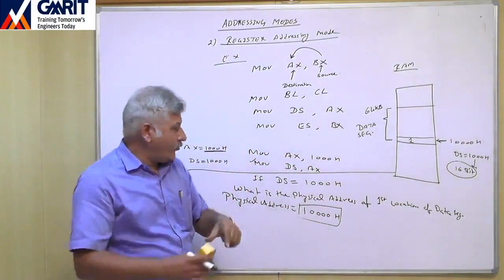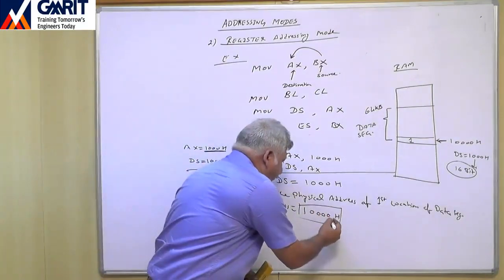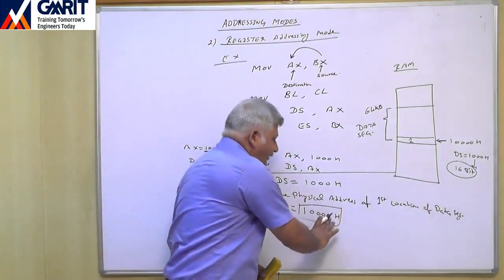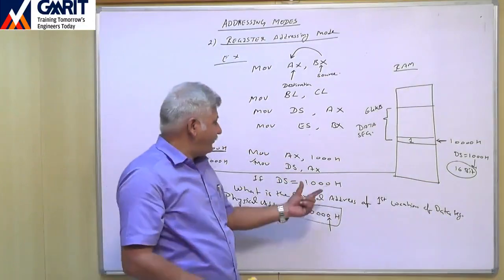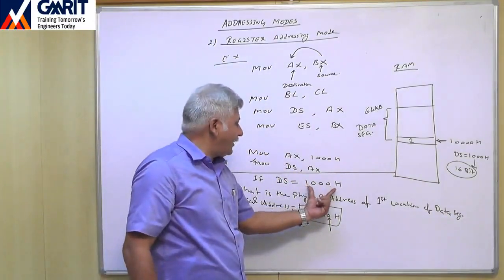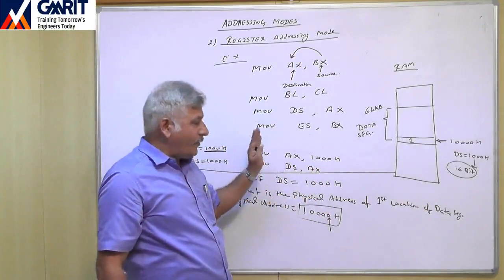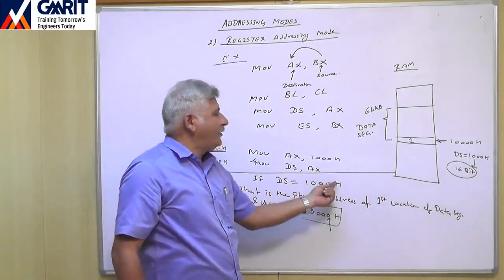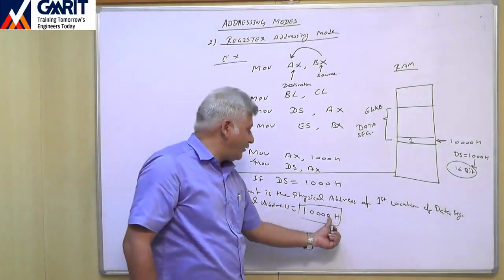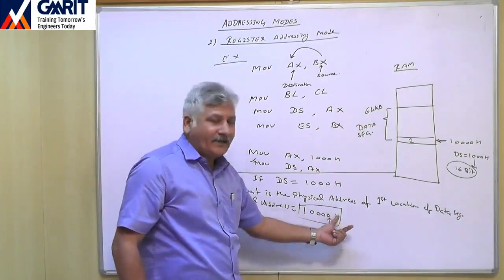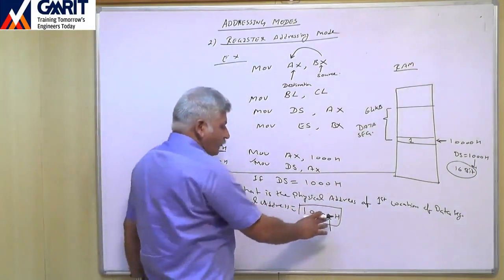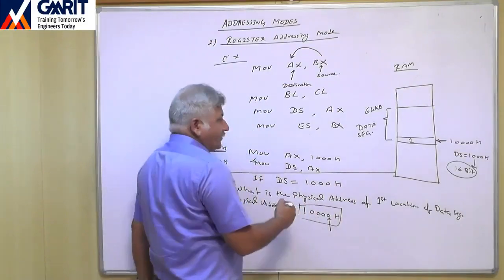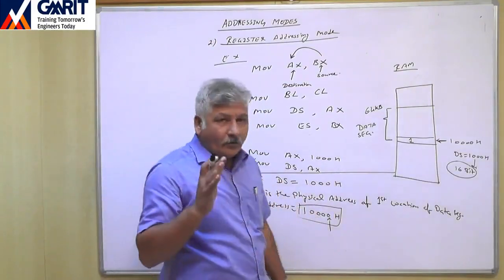It is equivalent to putting 0 at this place, right? When we will shift 1000H to left side by 4 bits, so 4 binary zeros will be added here. So 4 binary zeros is equivalent to 0 of hexadecimal. That's why simple way is put 0. This is our physical address, and physical address is always 20 bit.